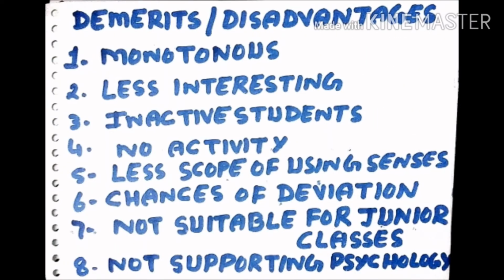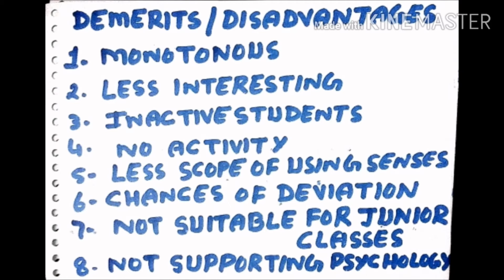Now let's talk about the demerits and disadvantages of this lecture method. The first demerit is that it invites monotonous circumstances in the classroom. Monotonous is a type of condition where the students are getting the same thing in the same way.